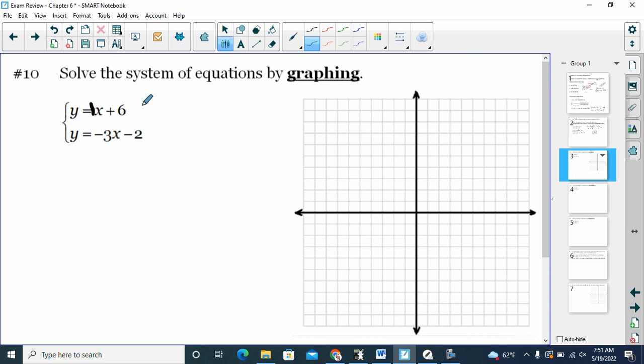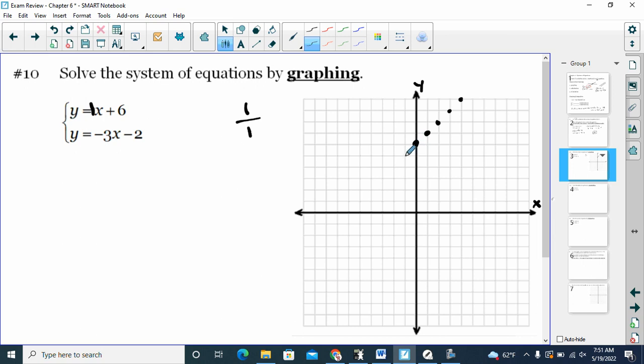We always graph the y-intercept first. So we need a y-intercept of 6, and a slope of 1. Slope, remember, is rise over run. 1 over 1, so I need to go up 1, right 1. Up 1, right 1, up 1, right 1.